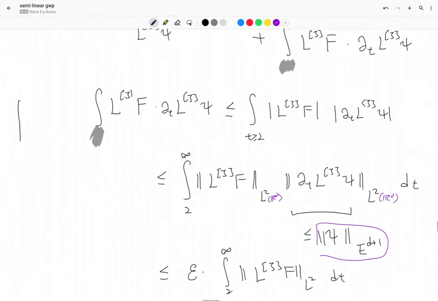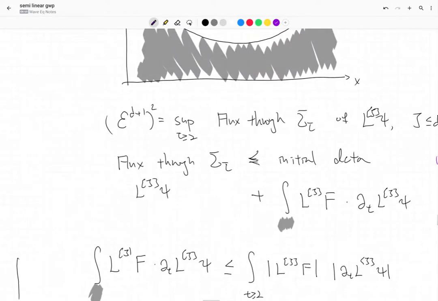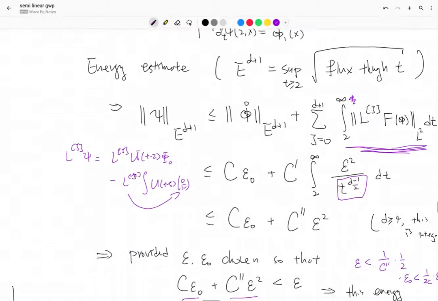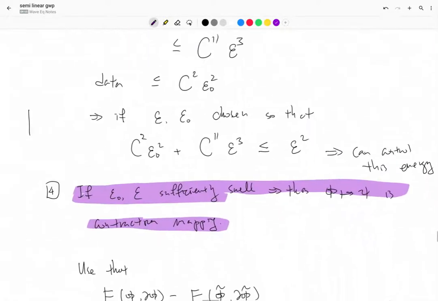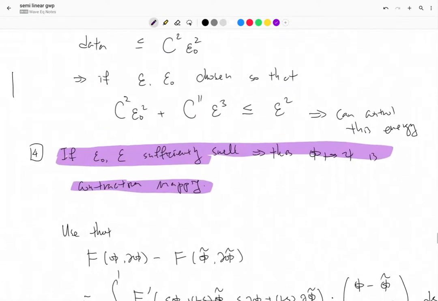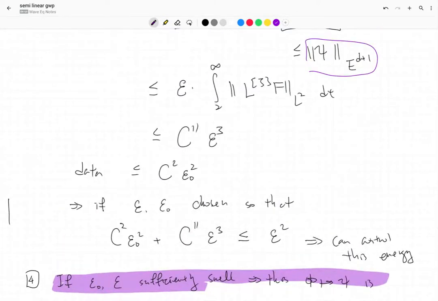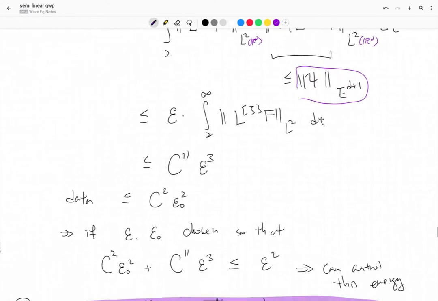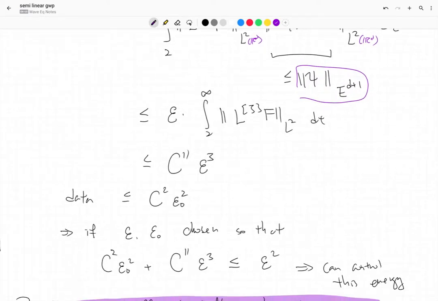The initial data bound we can use against the homogeneous argument before, which tells us that the data is going to contribute something like C epsilon naught, but since this is the squared energy, we have C squared epsilon naught squared. Now we just need to choose epsilon naught even smaller, such that C squared epsilon naught squared plus C double prime epsilon cubed is less than or equal to epsilon squared.